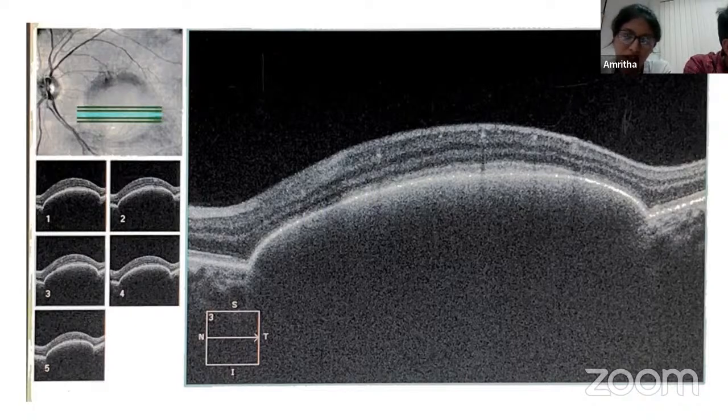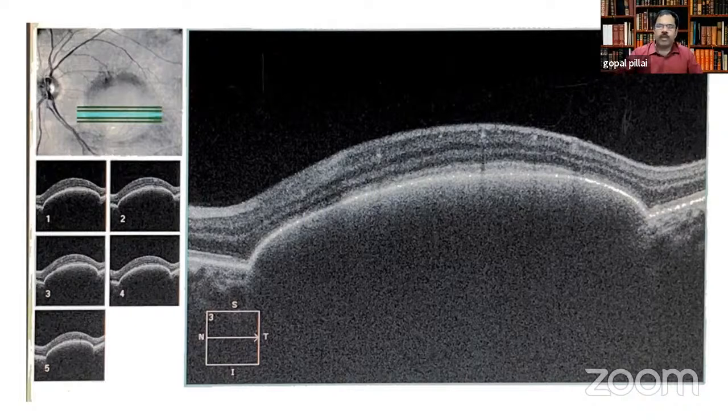There is some hyperreflective area also, so it is suggestive of some turbid fluid inside, and we cannot make out the underlying choroid and Bruch's membrane also. So this is probably a hemorrhagic PED.